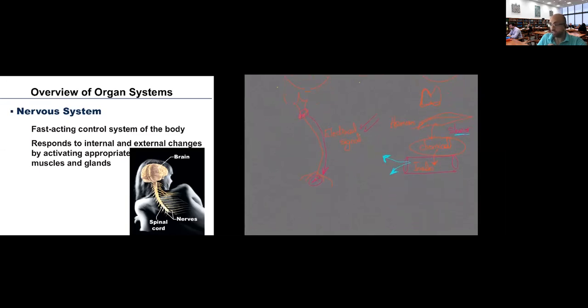Which organs in your body get blood? What do you think? All the organs get blood. So those hormones gonna reach which organs? They will reach all the organs.